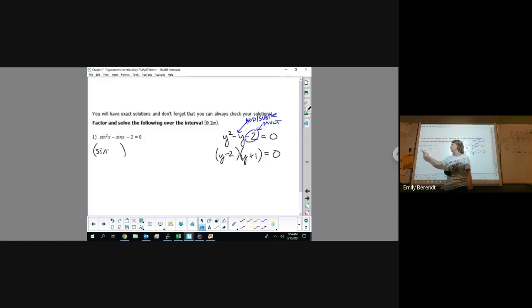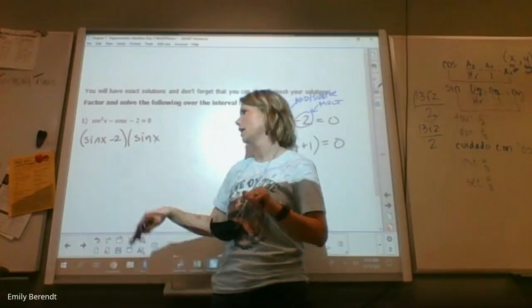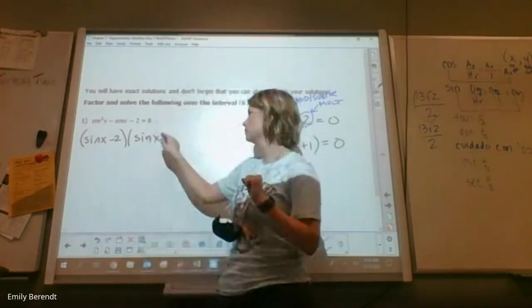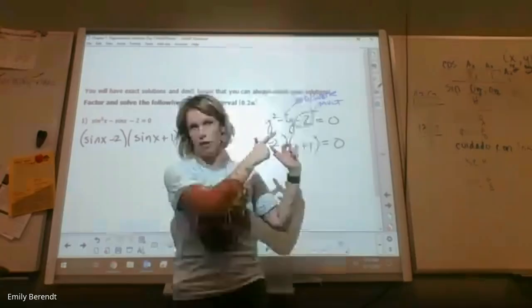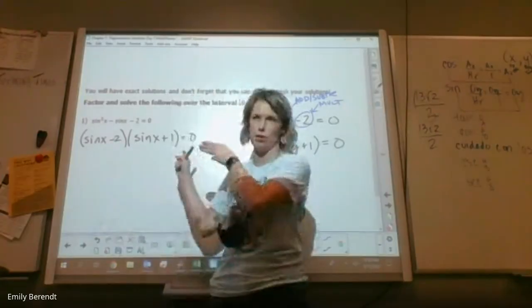Sine of x minus 2 times the sine of x plus 1, all equal to 0. So if you're like, I'm not really sure how to factor it with trig words, change it to algebraic variables, factor it, then plug back in with your trig words.